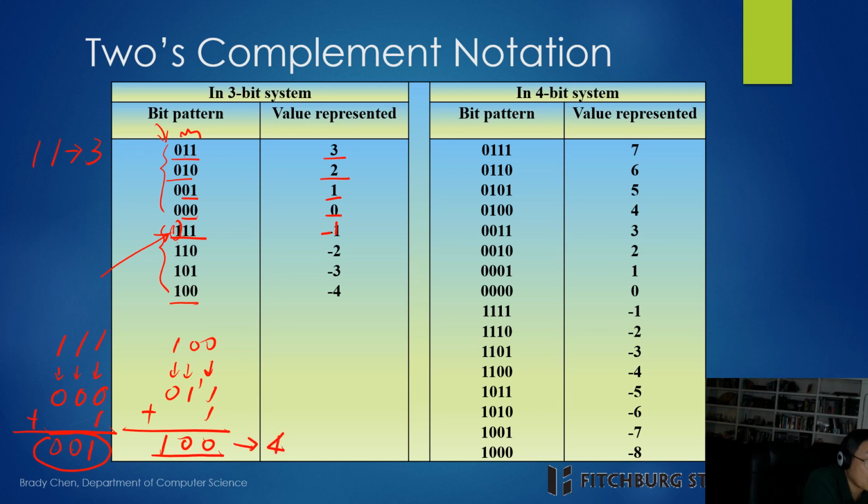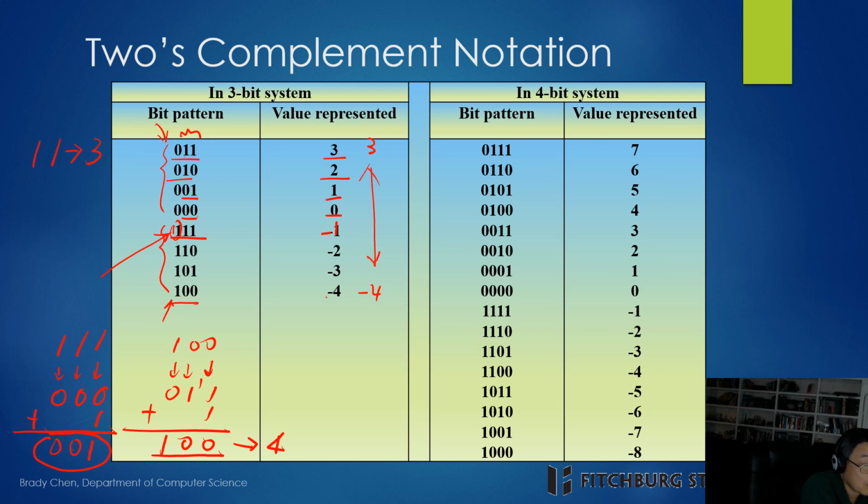That's the absolute value, but the actual value is negative 4 because the sign is negative. So with 3 bits, the largest number you can represent using two's complement notation is 3. The smallest number is negative 4.